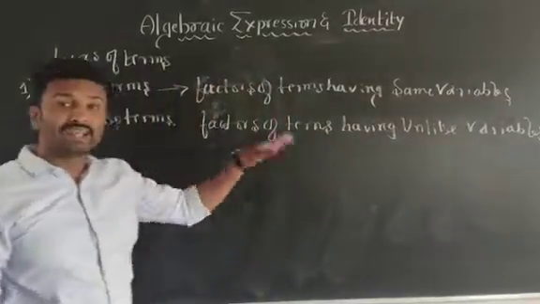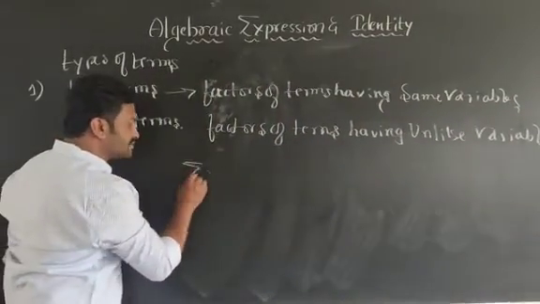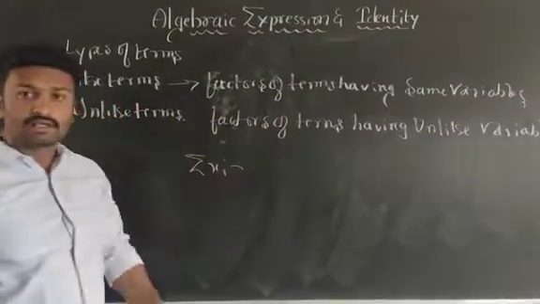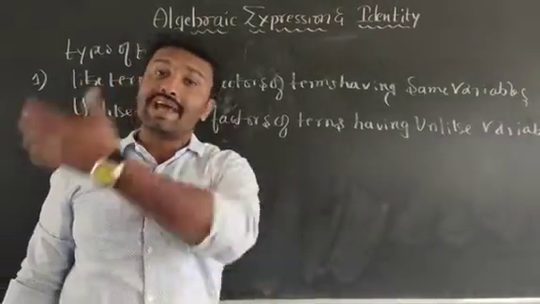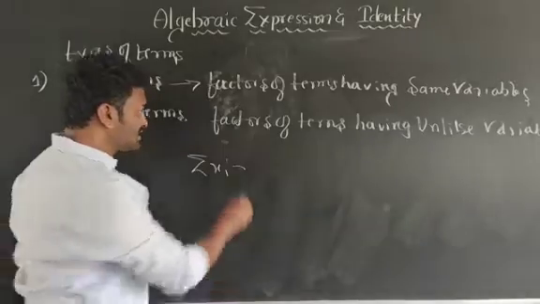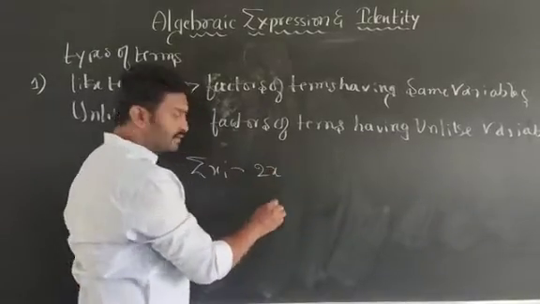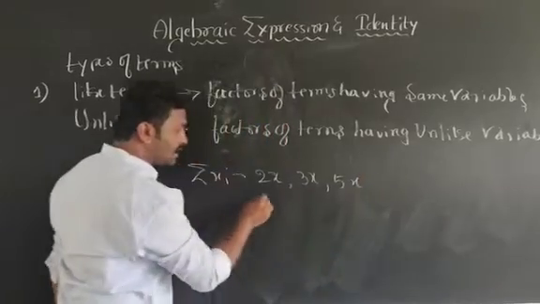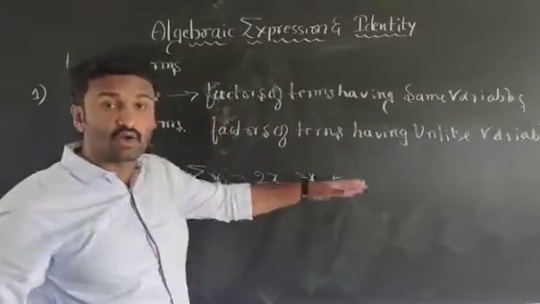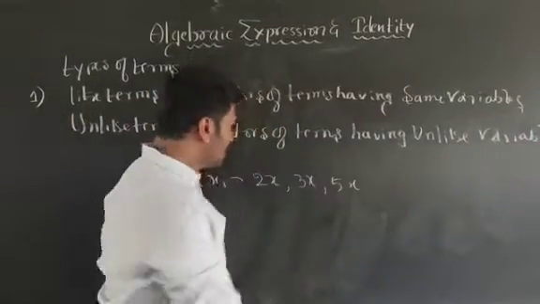are called unlike terms. Examples of like terms: terms which are having same variables are called like terms. For example, 2x, 3x, 5x are called like terms.